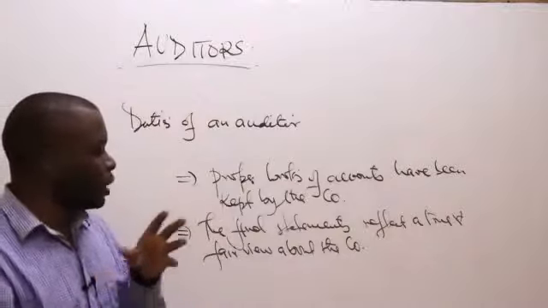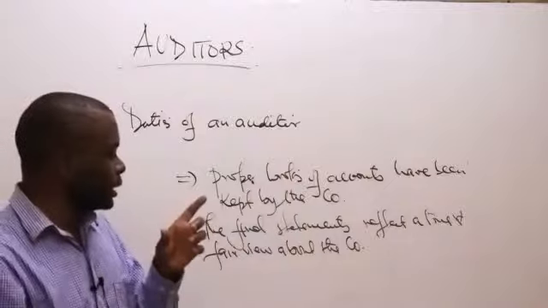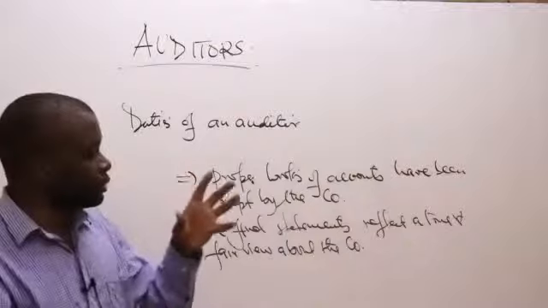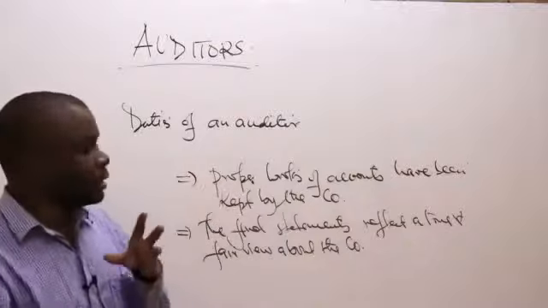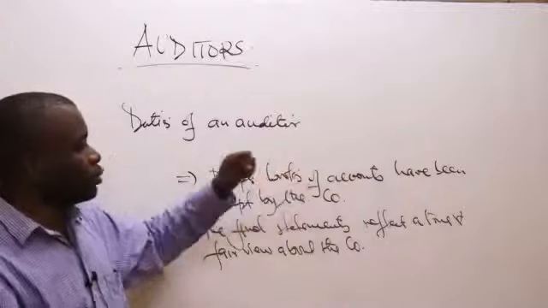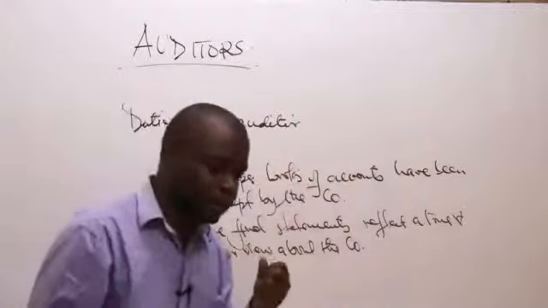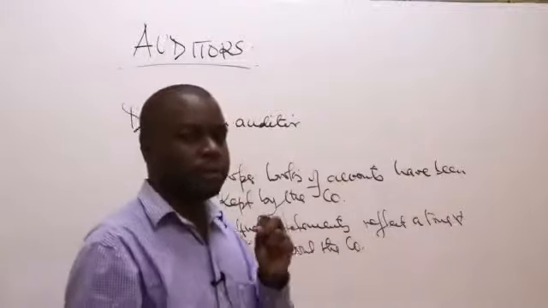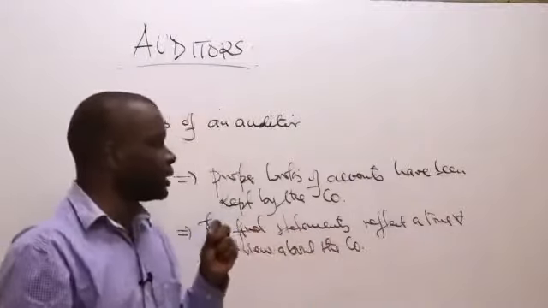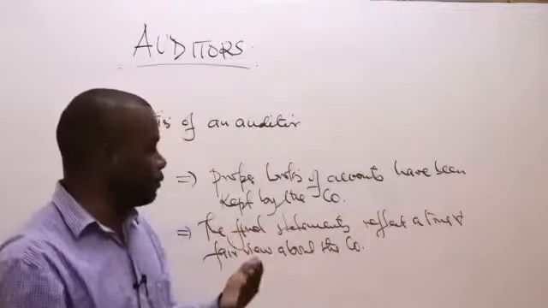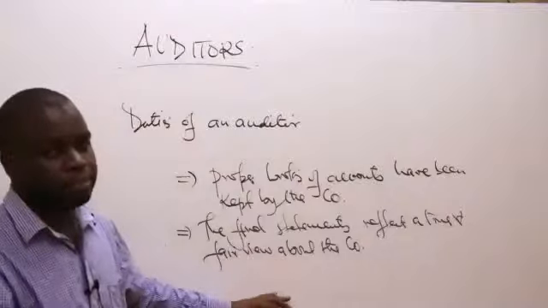For example, before you arrive at the sales in the income statement, there are several transactions contributing to the sales. These are contained in the books of accounts of the company. So you must ascertain that the company is keeping proper books of accounts. All the invoices have been filed, all the receipts exist, and you can trace back the figure for the sales in the income statement.